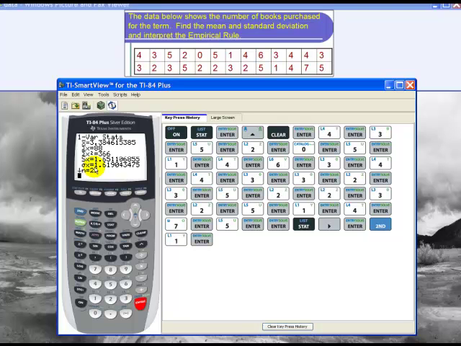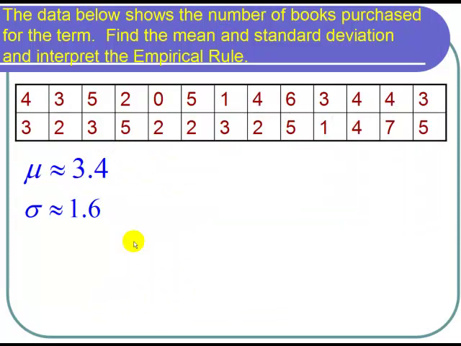So now let's go back and talk about the empirical rule. Recall that the empirical rule says that about 68% of the data should lie within one standard deviation of the mean, as long as the data is approximately normal or approximately bell-shaped. So what I'm going to do is take the mean and go within one standard deviation.